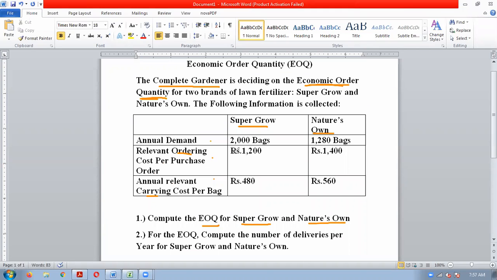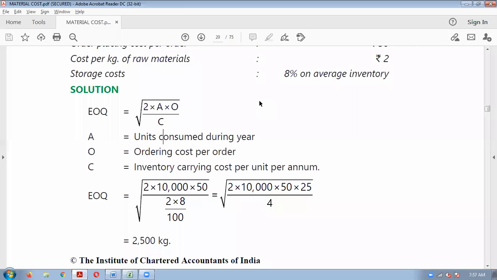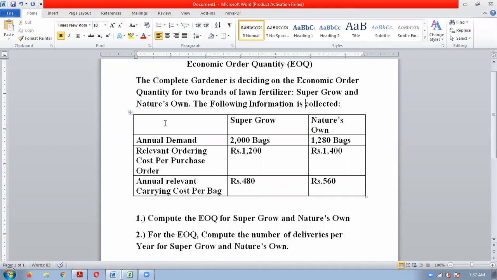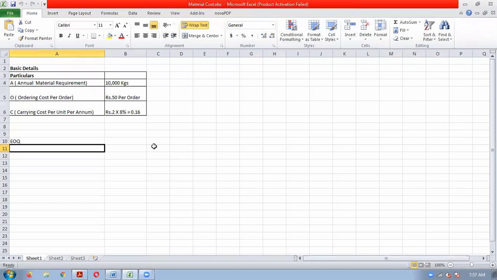So how will we calculate? What is the formula for EOQ? Last class we have seen it. The formula for EOQ is square root of 2AO divided by C. So we can solve the illustration.